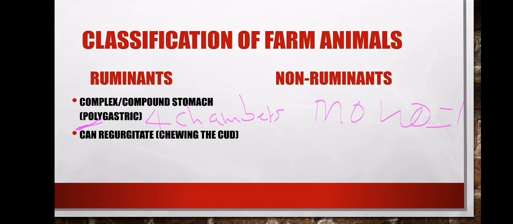Some animals ingest food, swallow it, and it goes into the stomach, the rumen. It also goes to the reticulum. Then it is taken back to the mouth for proper chewing. The stage whereby the food goes back to the mouth is regurgitation. So a ruminant animal can regurgitate, while a non-ruminant animal cannot regurgitate.